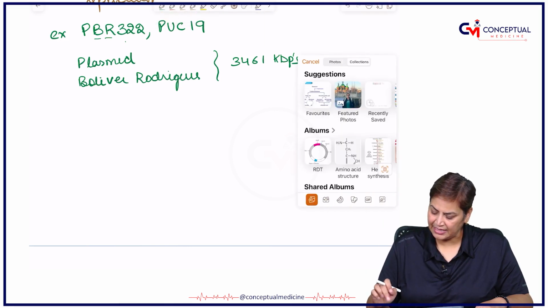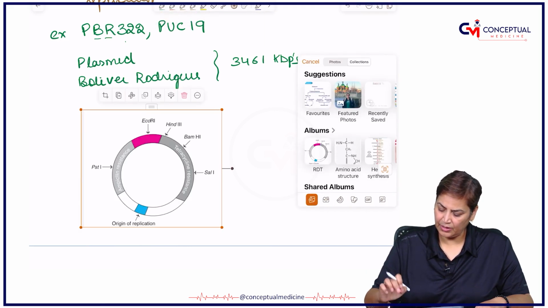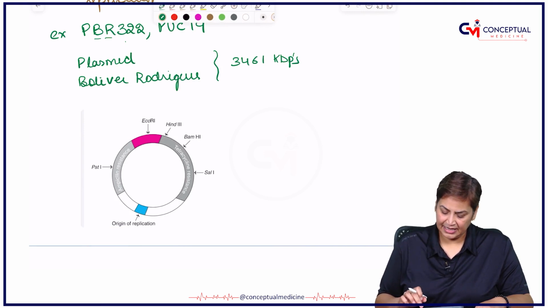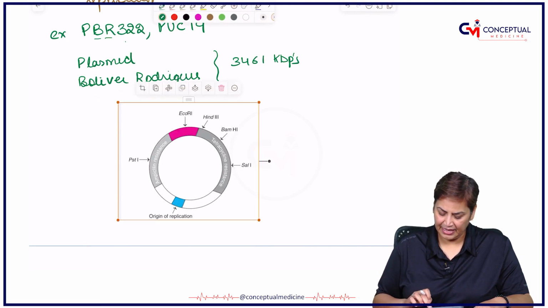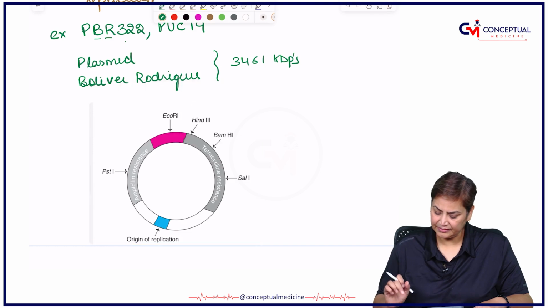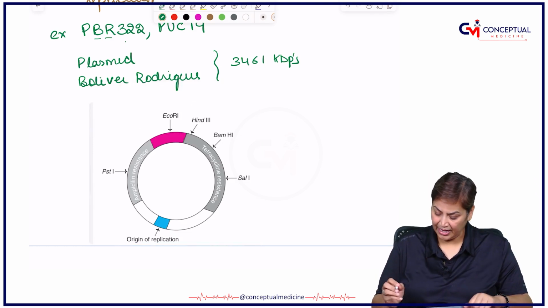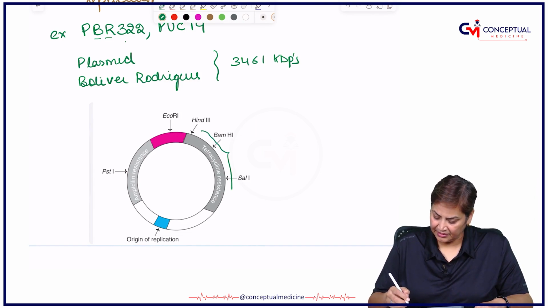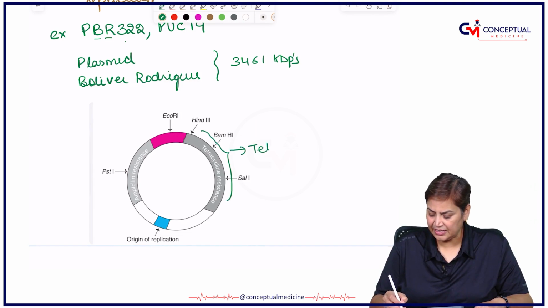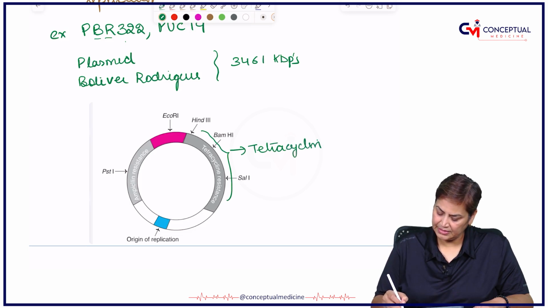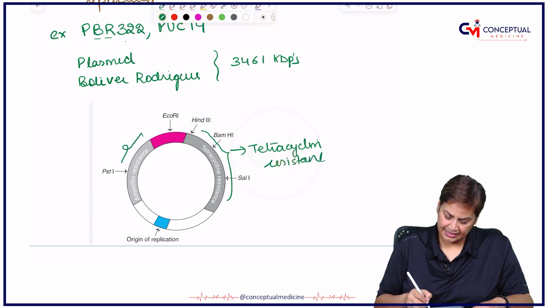This plasmid has two genes, okay. If you see it clearly, it has one ampicillin resistant gene and one tetracycline resistant gene. This is the tetracycline resistant gene, and this is ampicillin resistant.